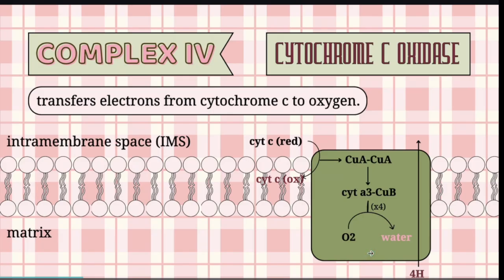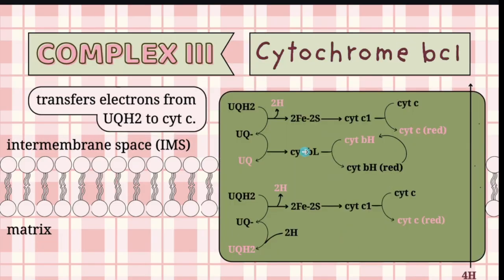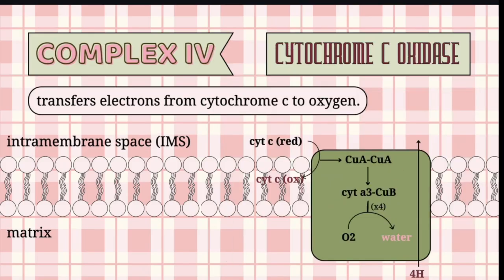Okay. So what's going to happen is that cytochrome C that was produced in complex 3 is going to donate the electrons to the Cu center, which is basically 2 copper A atoms.